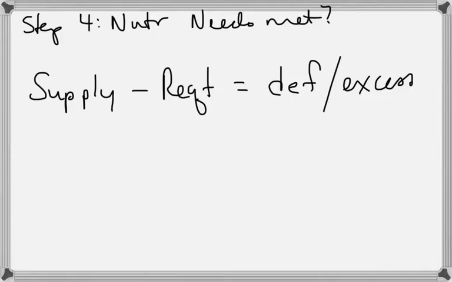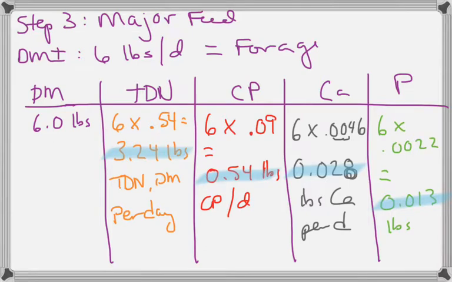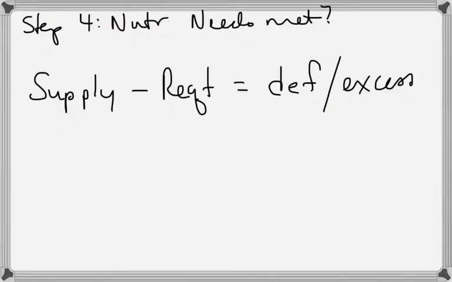So, for example, if we take the animal's TDN, I think that was orange according to our last screen. If we bounce back to our previous screen, the animal's TDN supply they were getting per day is 3.24.